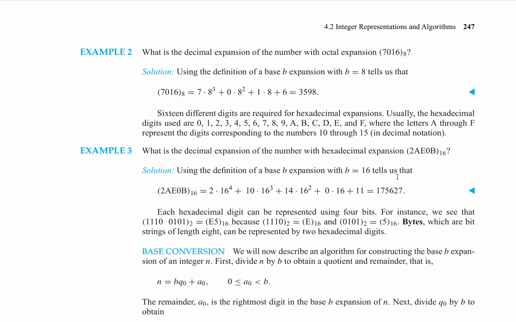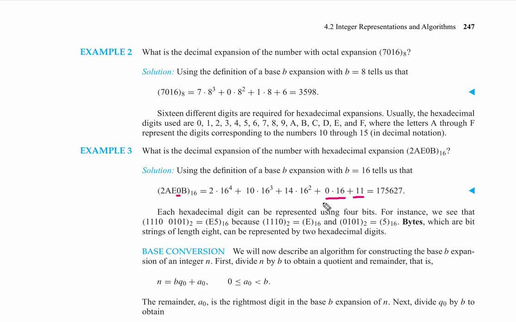And just remembering again, maybe starting on the right, so this B, remember, A is 10, B is 11, so this is B times 1, so 11 ones. This 0 means 0 16s.